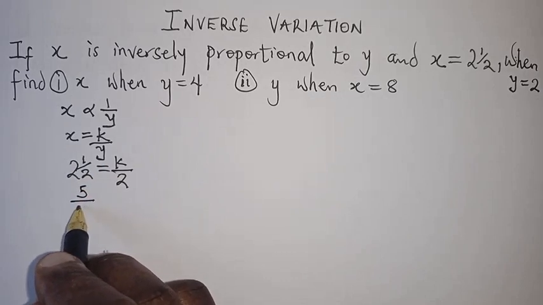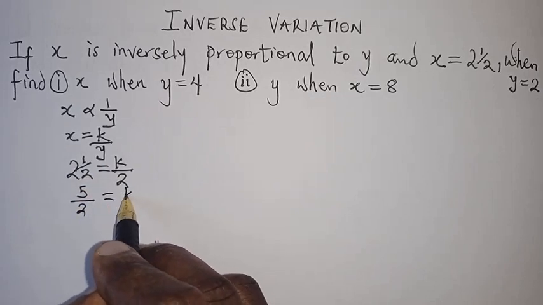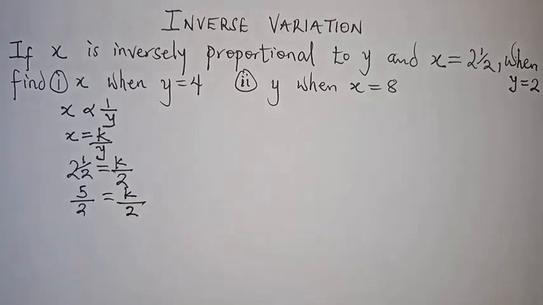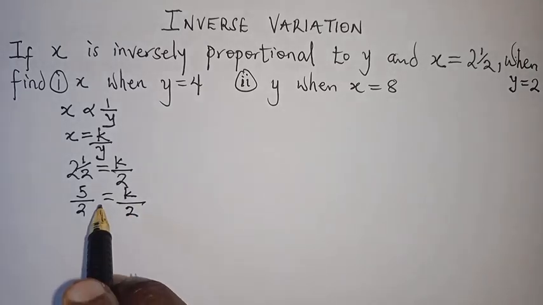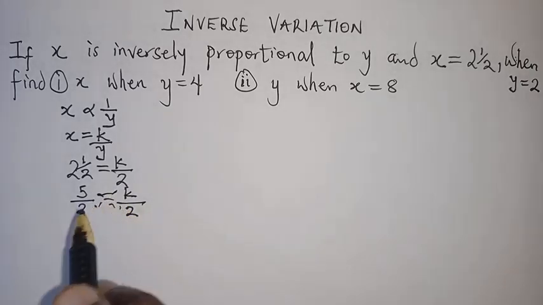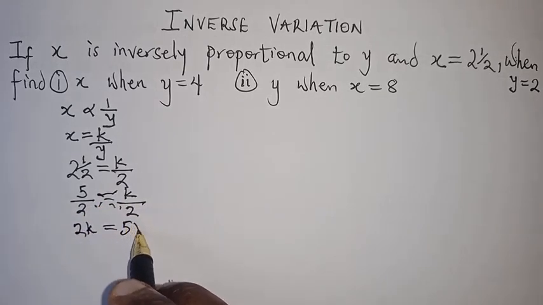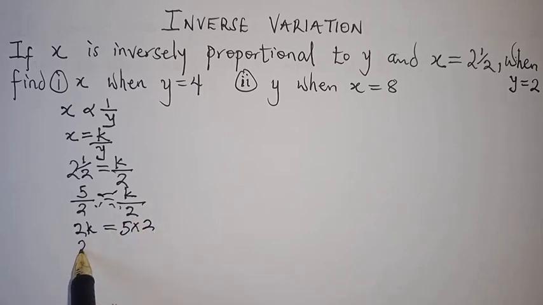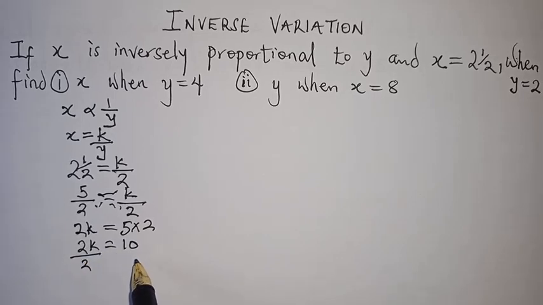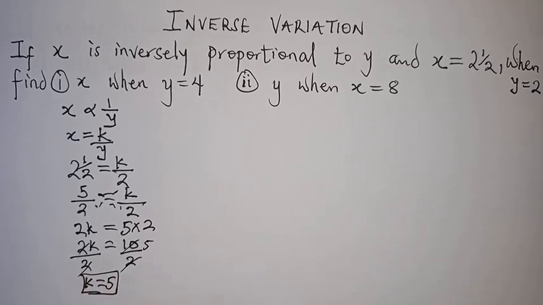So that's 5 over 2 equals k over 2. Then I'm going to cross multiply, and I get 2k equals 5 times 2, which gives me 10. So I'm going to divide through by the coefficient of k, which is 2. At the end of the day, I'm left with 5 as my value for k. So k equals 5.